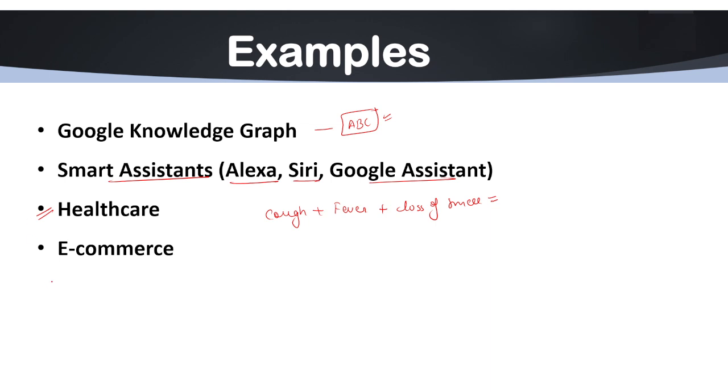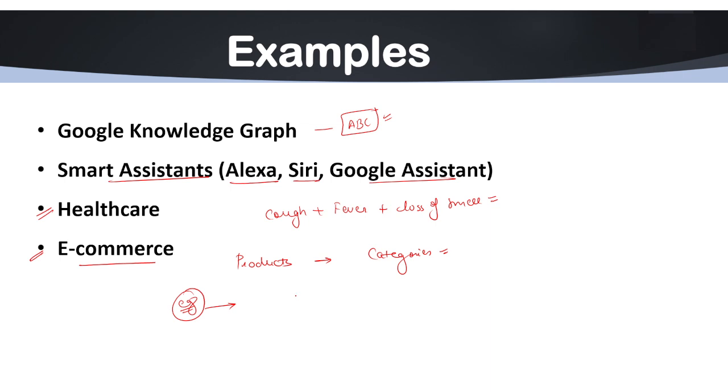Another example is e-commerce. So like Amazon's AI uses semantic web principles to connect all the products with their categories, user preferences, their recommendations. For example, if you are searching for wireless headphones, it also shows Bluetooth earbuds, right?